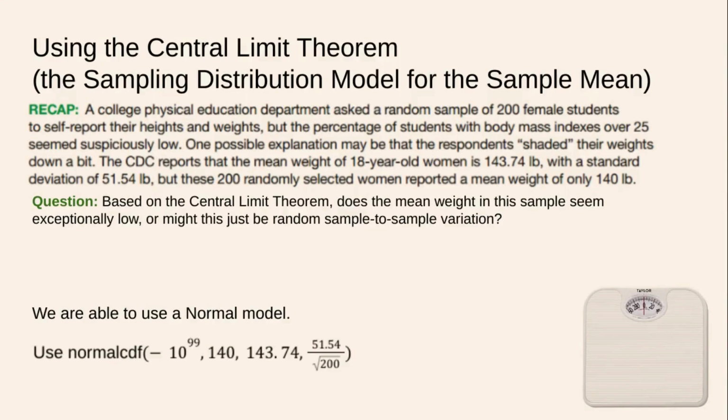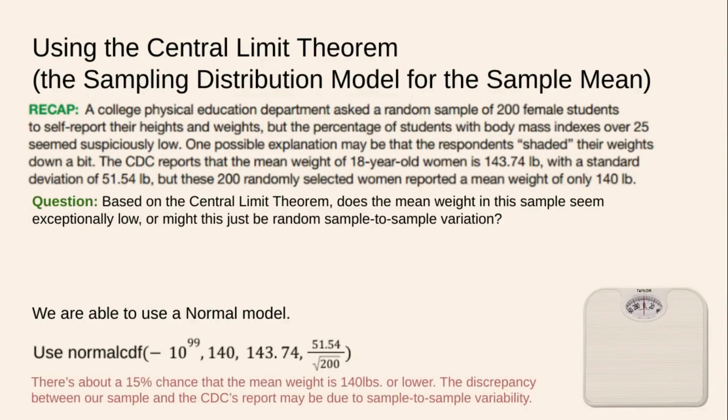So how do we answer our question? There's about a 15% chance that the mean weight is 140 pounds or lower. That's what normal CDF told us. That's what analyzing our bell curve told us. The discrepancy between our sample and the CDC's report may be due to sample-to-sample variability.